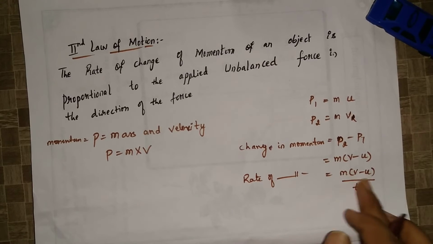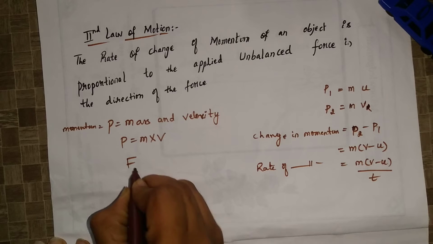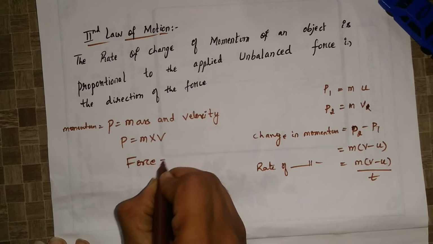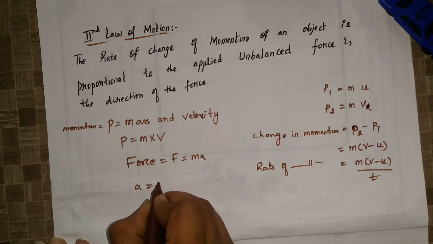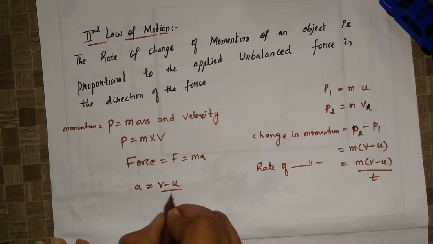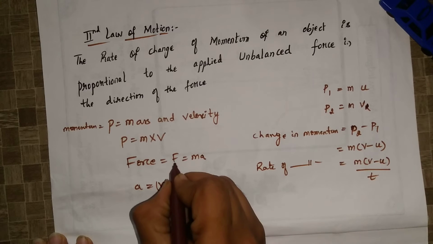If we solve this equation, it gives you the formula of force: F is equal to m into a. Acceleration means (v minus u) divided by t, m is the mass in kg, and F is the force.